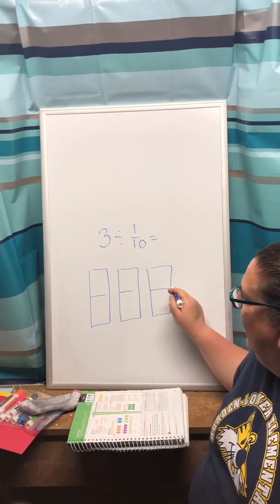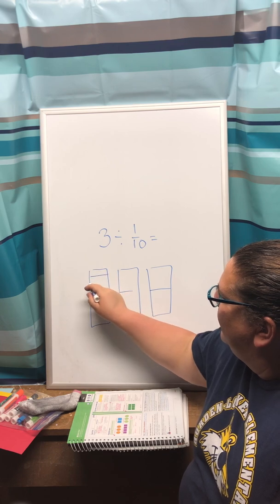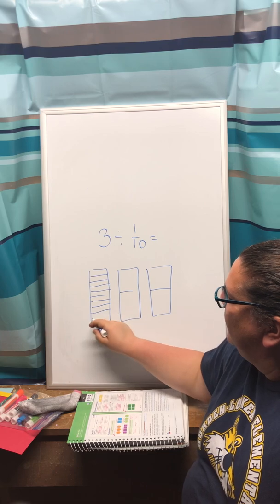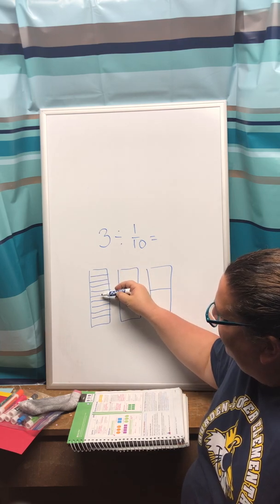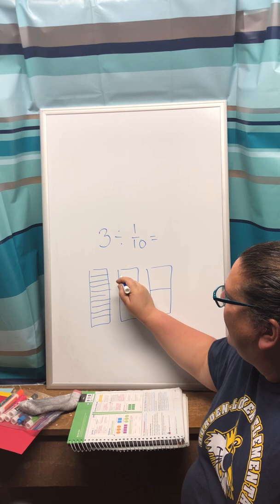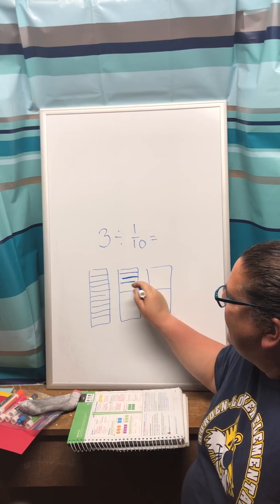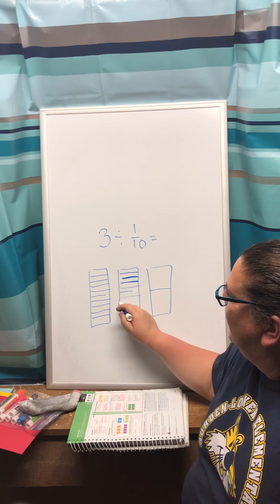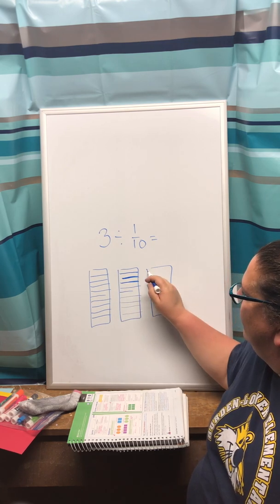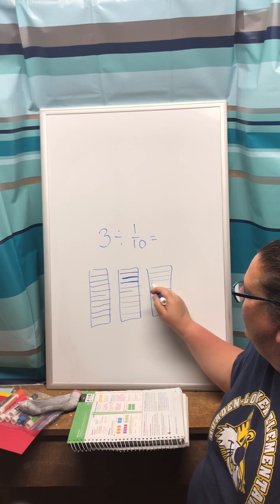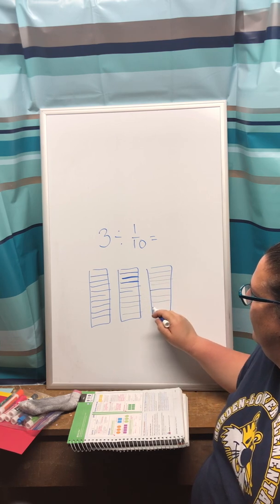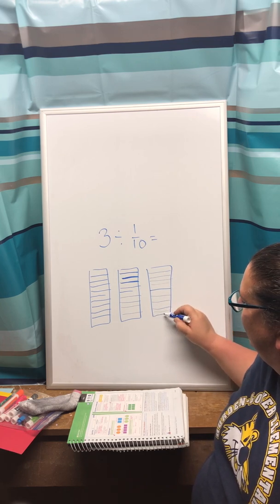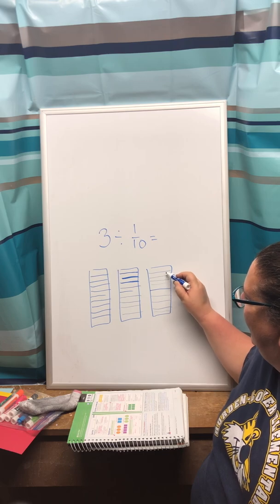So I'm going to do my 1, 2, 3, 4, 5, 6, 7, 8, 9, 10. Just want to make sure I have the same number of pieces in all of them. 2, 3, 4, 5, 6, 7, 8, 9, 10.